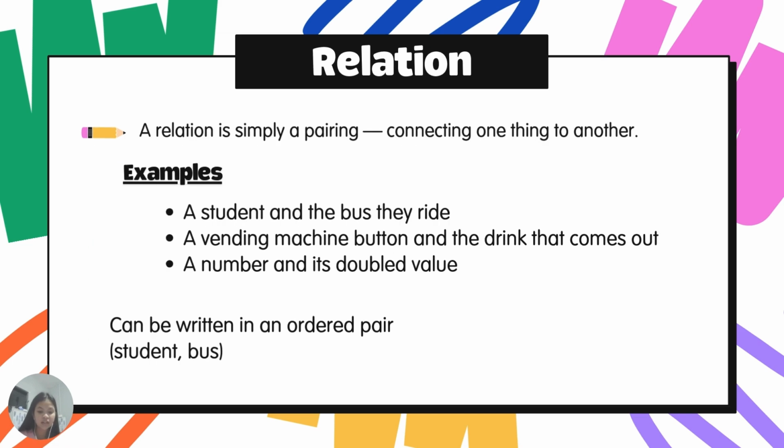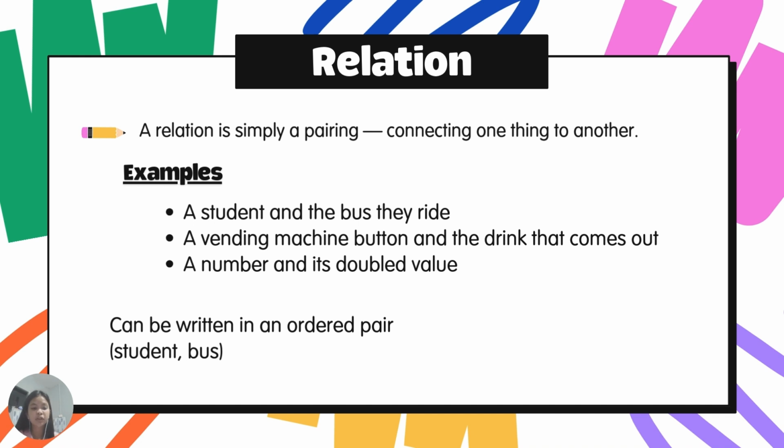Now, let's start with a simple idea, the concept of relation. A relation is simply a pairing, connecting one thing to another. Here are some examples: a student and the bus they ride, a vending machine button and the drink that comes out, and a number and its doubled value.